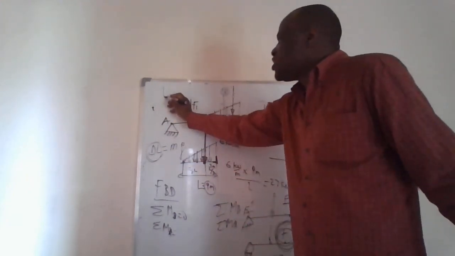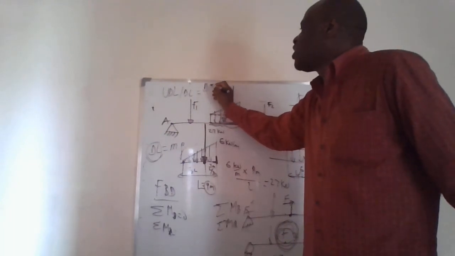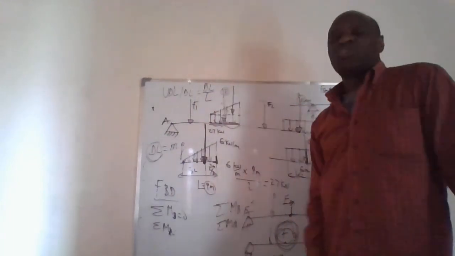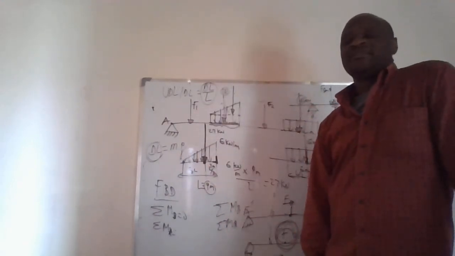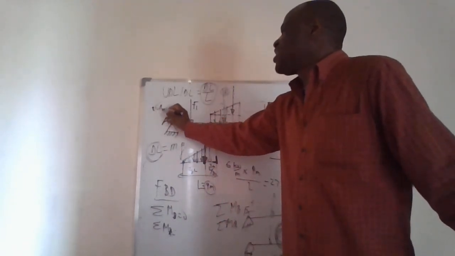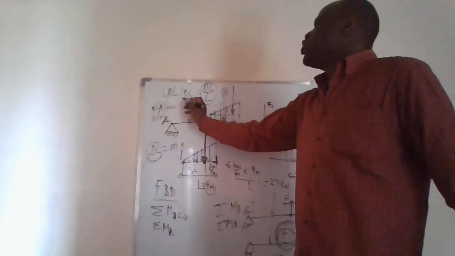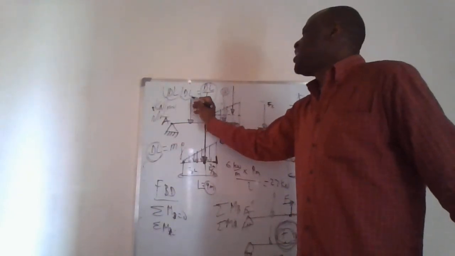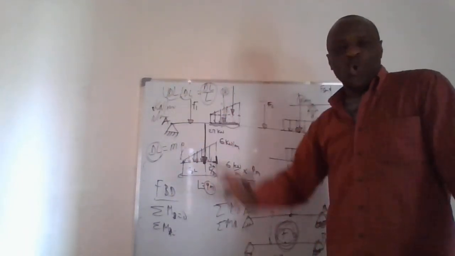Then the UDL dead load of the beam will be the dead load over the total length of the beam to get an expression of a UDL. An expression of a UDL can be kilonewtons per meter or newtons per meter. It's a UDL due to the dead load of the beam. That's why we call it UDL dead load.